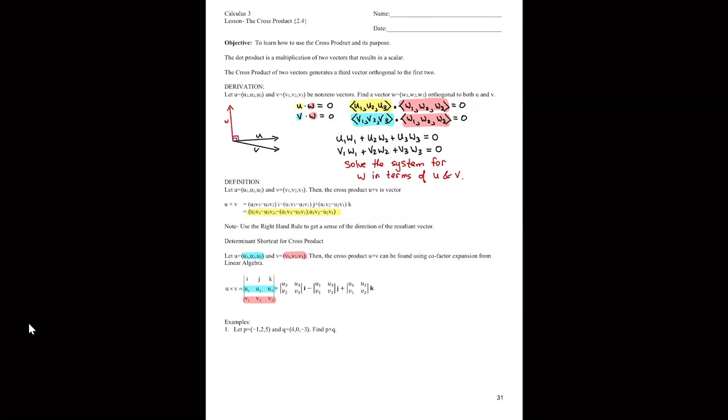So when we're talking about P cross Q, what I do is I'm looking for the determinant. Determinant is talking about really the value of a matrix, but it's even deeper than that.